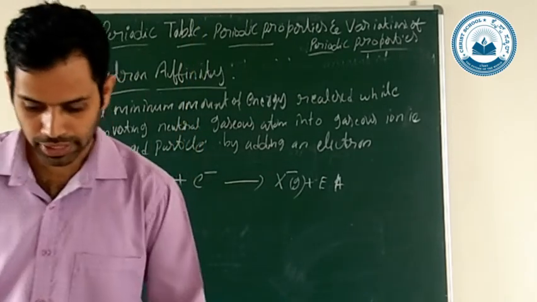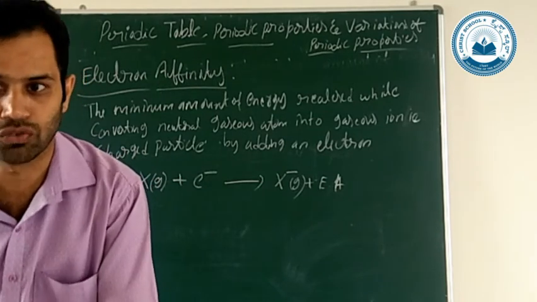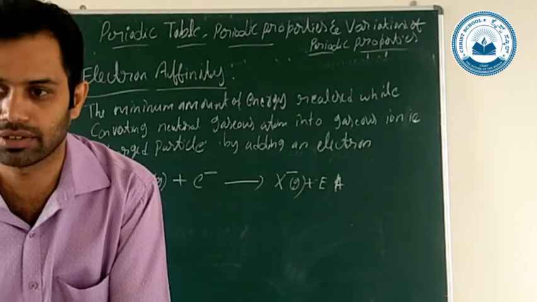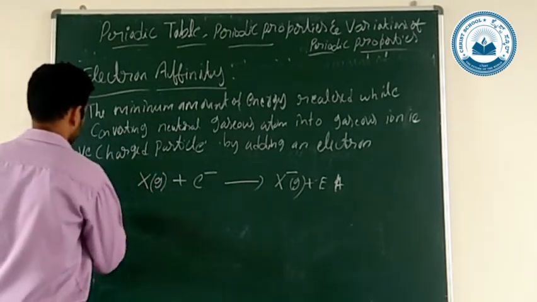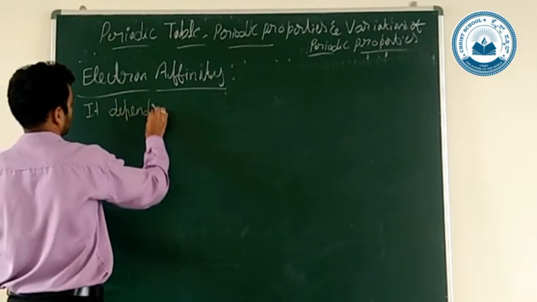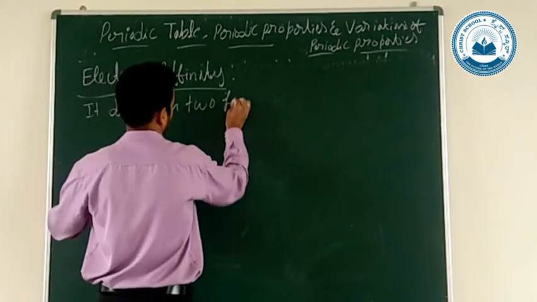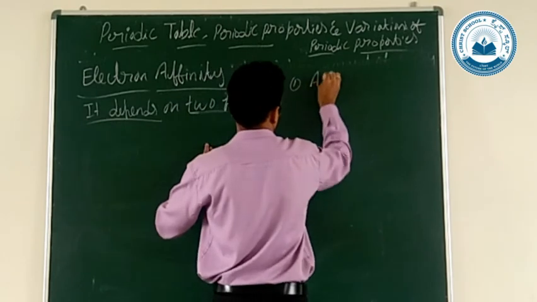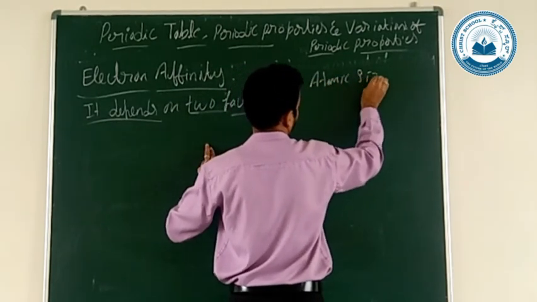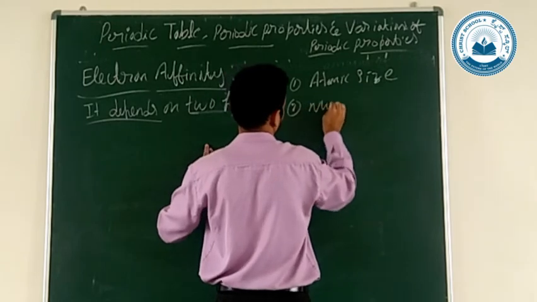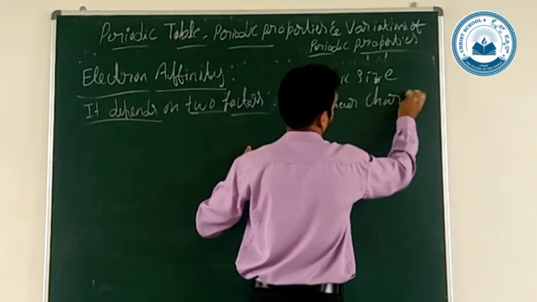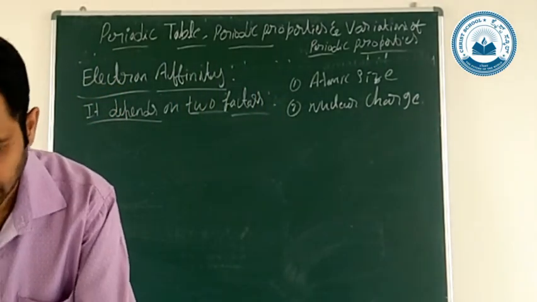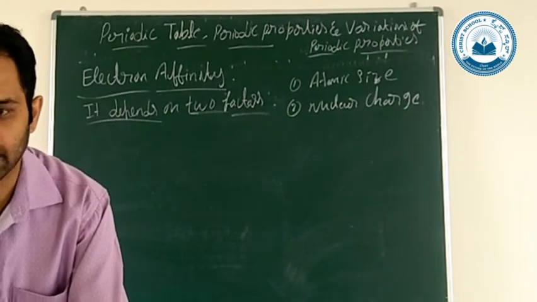Clear? Next, electron affinity depends on two factors. The first one is the atomic size and the second one is the nuclear charge. Smaller the atomic size, greater will be the electron affinity.